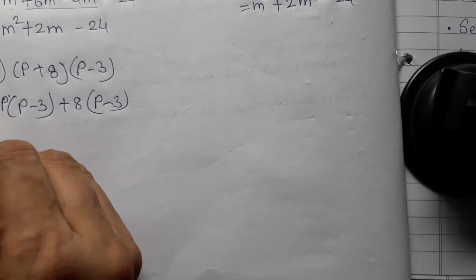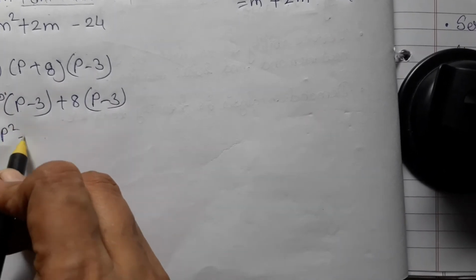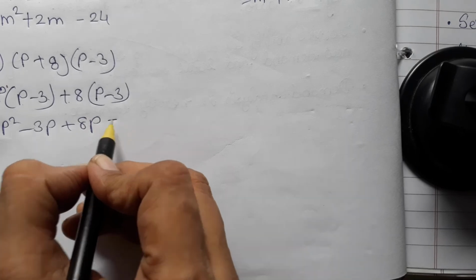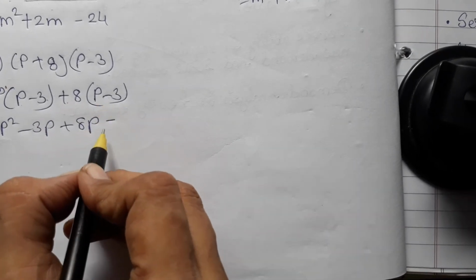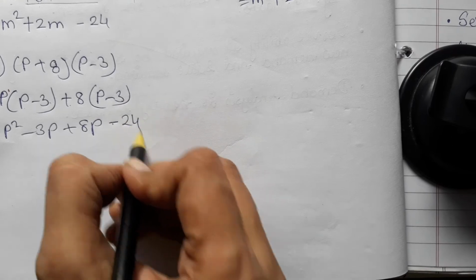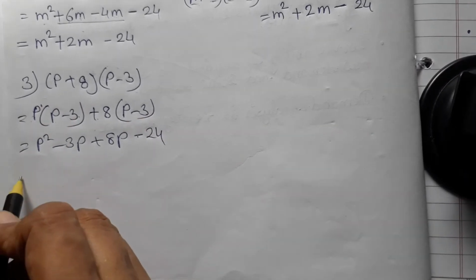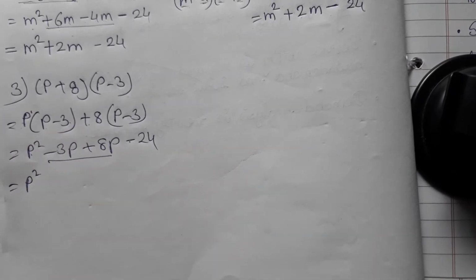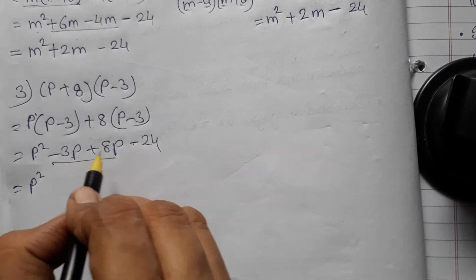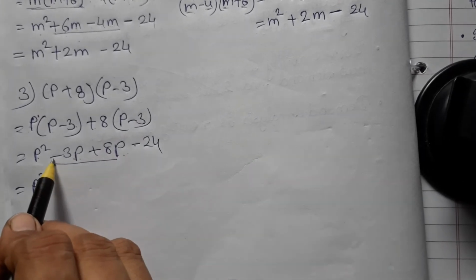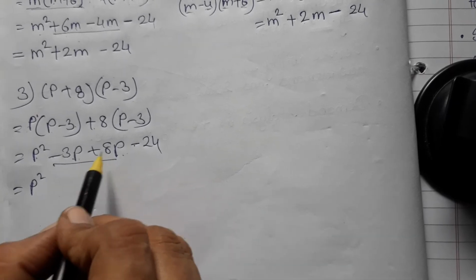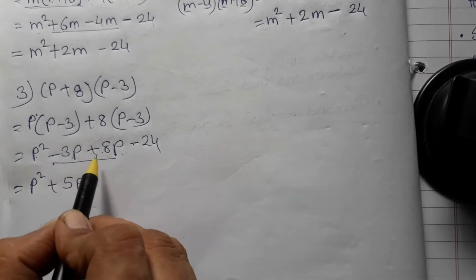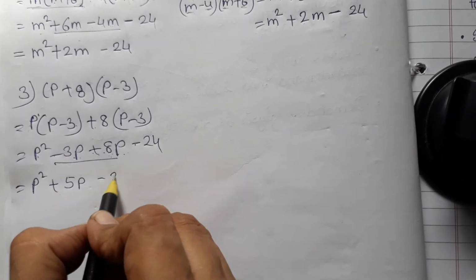Okay, let's multiply. p into p, p square, minus 3p here, plus 8p, plus minus minus, 8 3s are 24. p square will remain the same because it cannot be added to anything. Here both the variables are the same, p and p, so we can do that addition. Minus plus, so it will be 5p, and the sign of the bigger one is plus since 8 is bigger, then minus 24.